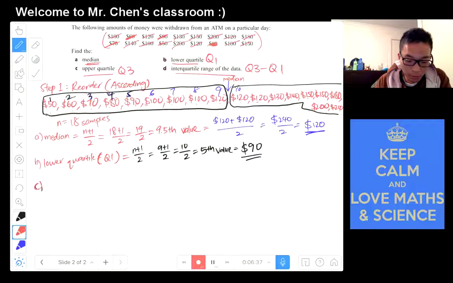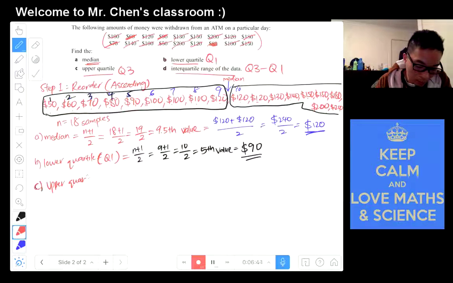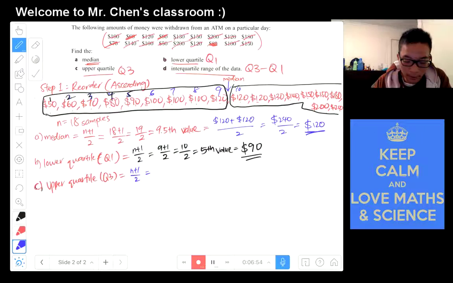Now the upper quartile, Q3. Same rules, same thing. n plus 1 divided by 2, which is again 9 because the other half is equal to the bottom half. 10 divided by 2 is 5.